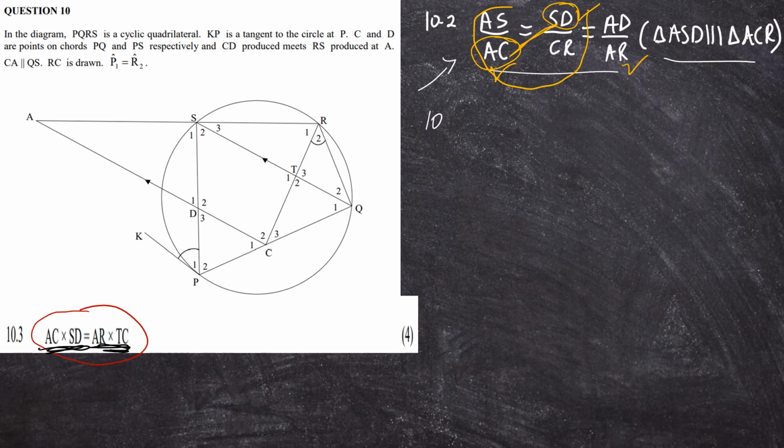So when I write my 10.3 now, we're going to say AS over AC is the same as SD over CR, and this has been proven, right, from what?